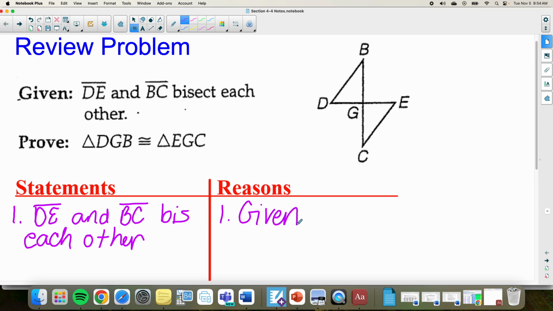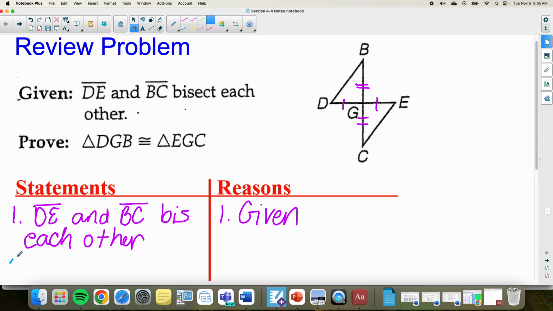All right, now they say DE and BC bisect each other. Bisect means cut in half. So what that would mean is that these two pieces would be congruent and these two pieces would be congruent.